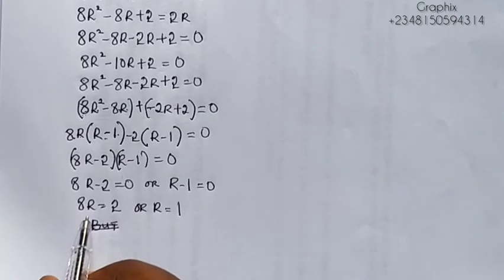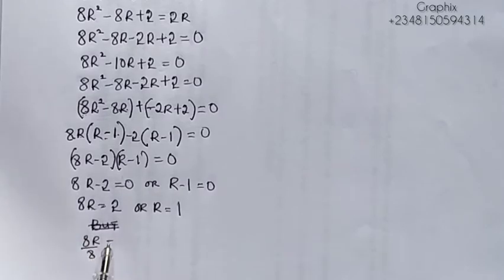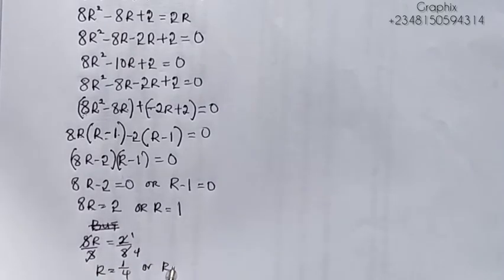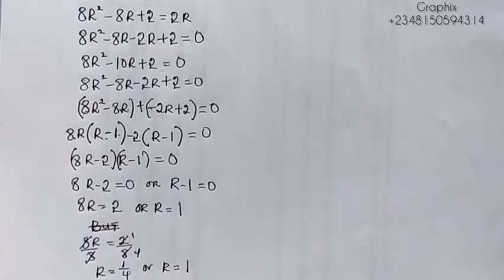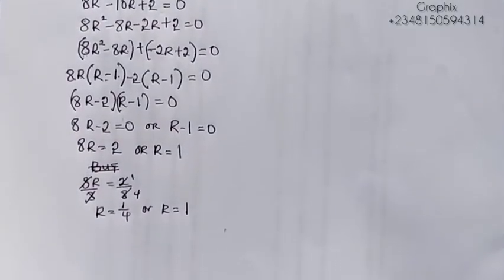If I divide, because I want r to stay alone, I'll divide both sides by 8. So I'll be having 8r over 8 is equals to 2 over 8. 8 will cancel 8. 2 here, 1 in 8, how many? 4. So my r equals to what? 1 over 4, or r equals to what? 1. That's my r value here.